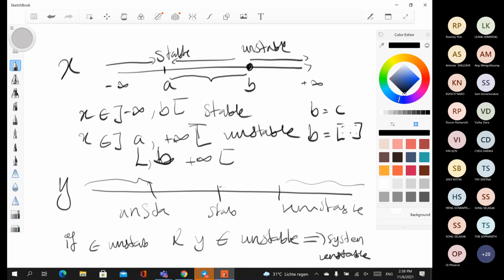Okay. Do you understand these notions? Yes, teacher. Okay. You will see in the example. No, not the example, in our TP class.